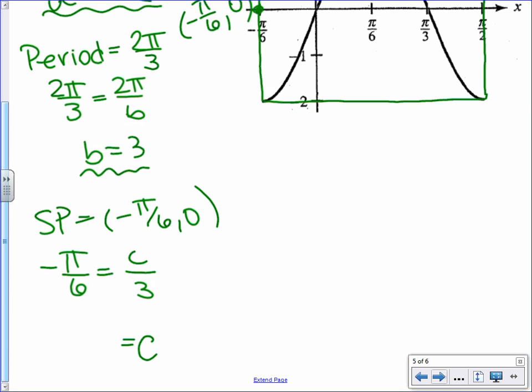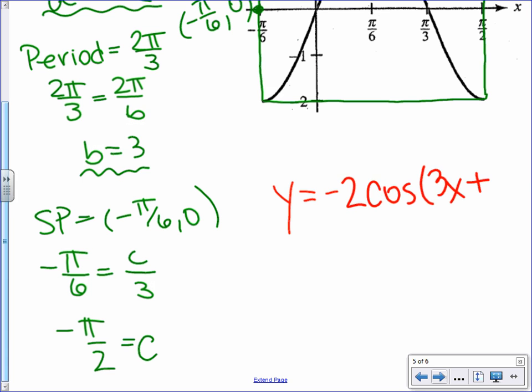So if we multiply that 3 over, c is negative pi over 2. And remember, since c is negative, that means we're adding it inside.